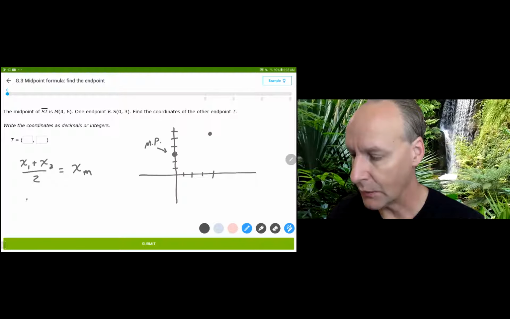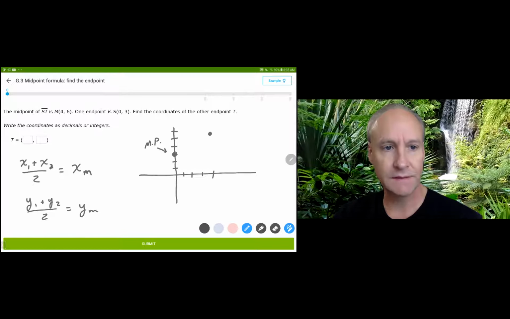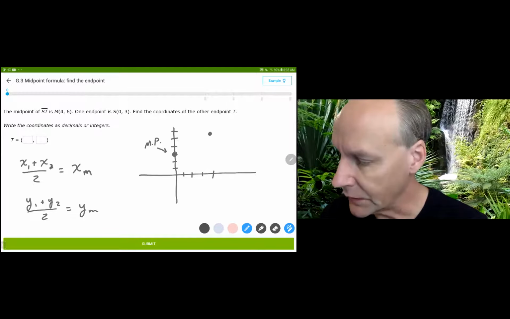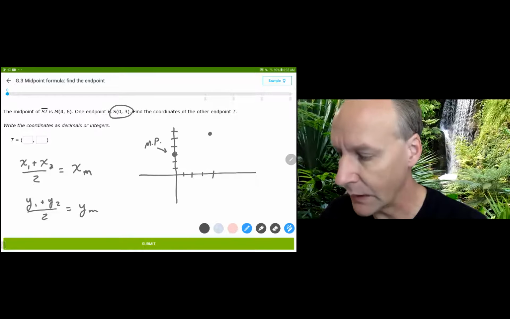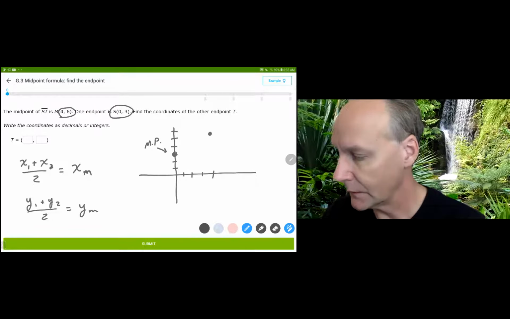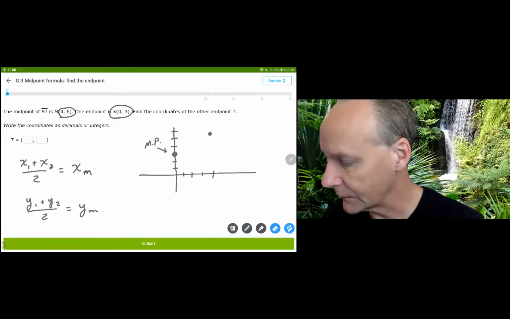And y1 plus y2 divided by 2 is our y midpoint. I'm going to substitute in the values we know, which are the x1 and the y1, and we also know the midpoint values. Let's just get rid of my diagram here.